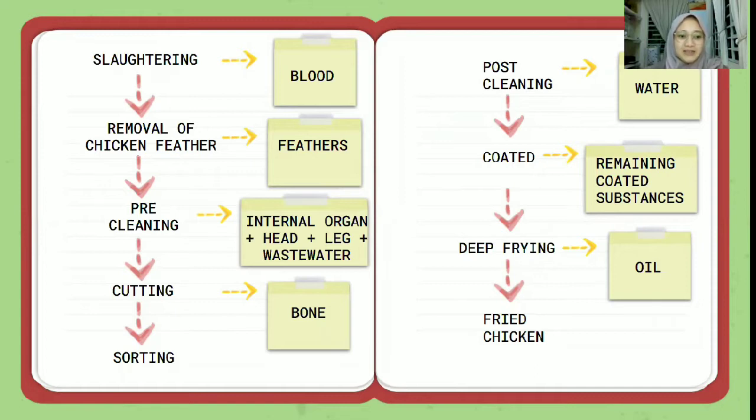Next is the cutting process, which will produce bone as the waste. Next is the sorting, post-cleaning, and coating, which will leave the waste of remaining coating substance, then deep frying, and last but not least is the fried chicken, the product itself.